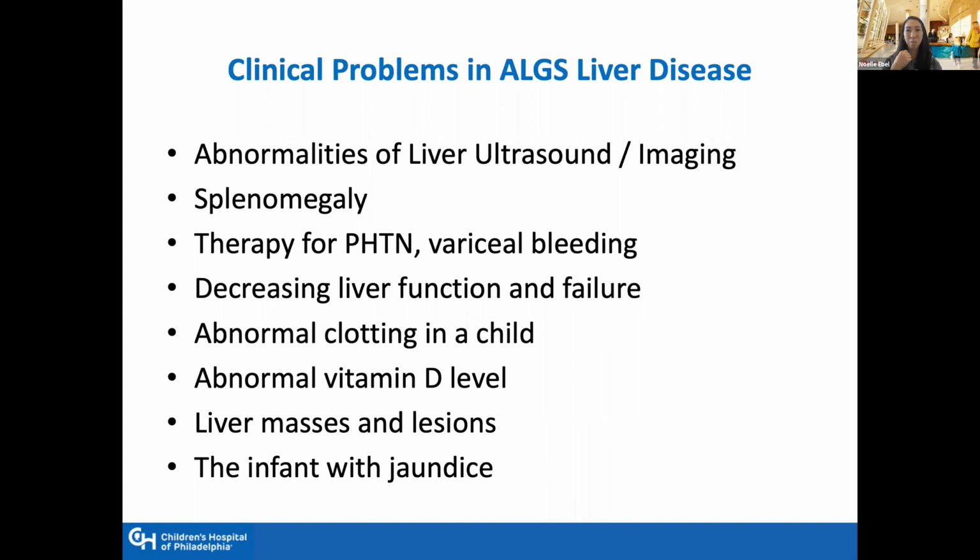That camera exam is the best procedure to directly look and visualize, and not only to diagnose the cause of that bleeding, but to act on it and do something to stop that bleeding directly. Again, for a patient with liver disease or Alagille syndrome that could have a variceal bleed, that would be the next procedure to look at it and treat it.